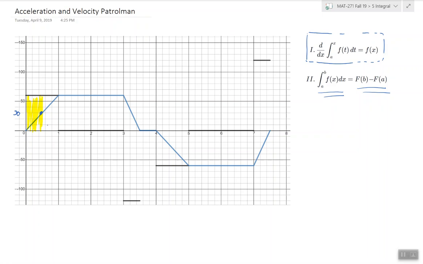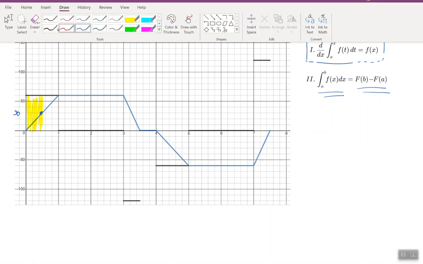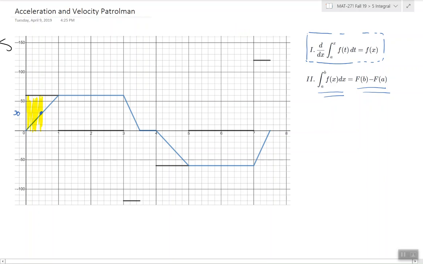So there's a one-to-one correspondence between the value of our velocity function and the accumulated net area under the acceleration curve. For just right now, instead of calling it the black curve, instead of calling it A like we have been, I'm going to call it F.